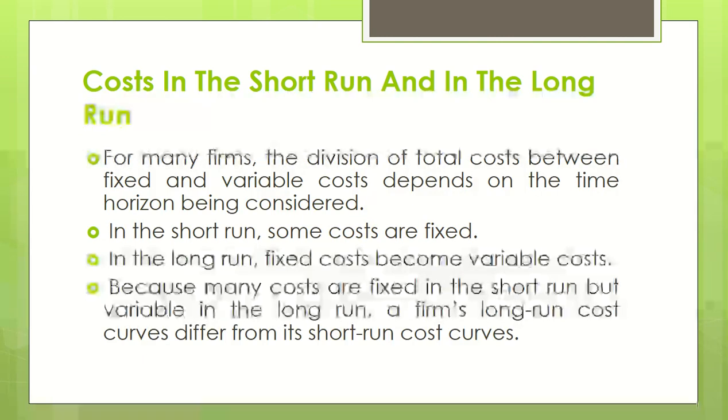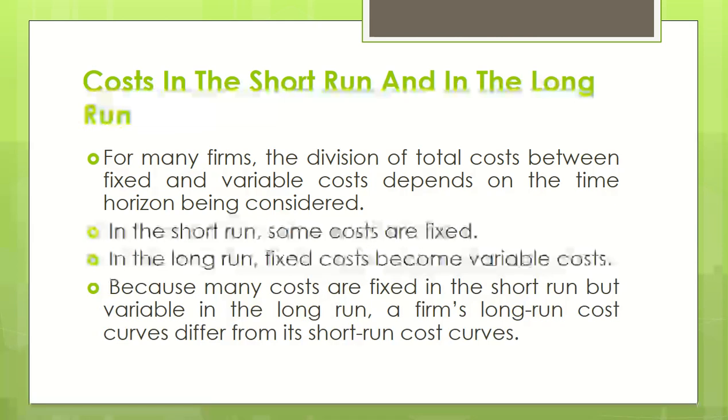Looking at this, we can say firms have to face two types of time periods, the short run and the long run. We have also discussed that the short run is a time period in which capital is fixed and only the labor factor is considered to be variable. That means the firm can change the amount of labor, but the firm cannot change the amount of capital in the short run.